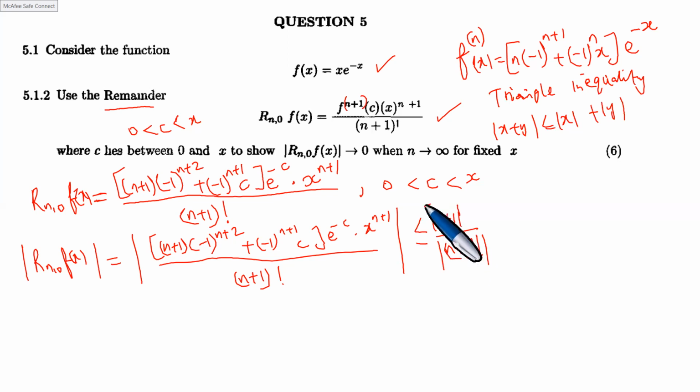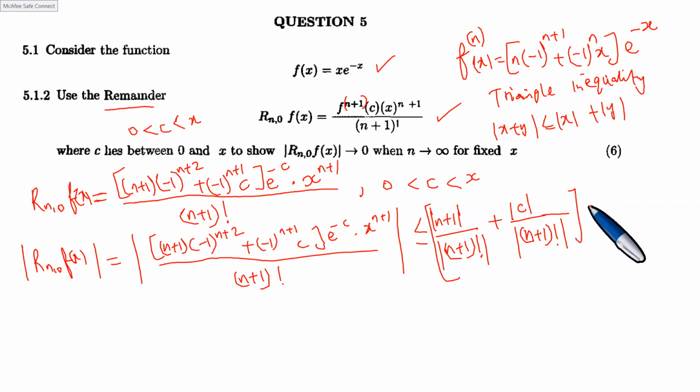Plus, and then here it's going to be the modulus of c, times e to the minus c times x to the n plus 1, like this.